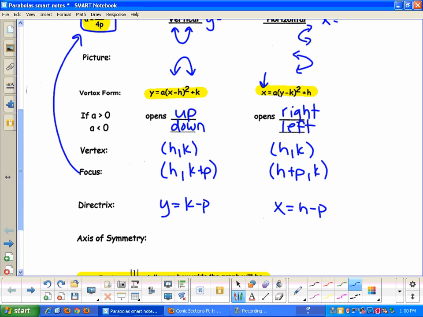The axis of symmetry for the y equals equation is x equals h, because it's the line that cuts your parabola in half. So in this case, it would be an x equals, and this one's going to be y equals k. So it switches. Now, for parabolas that open up or down, you're changing your y value for your focus, and for parabolas that open left or right, since it's x equals, you change the x values.